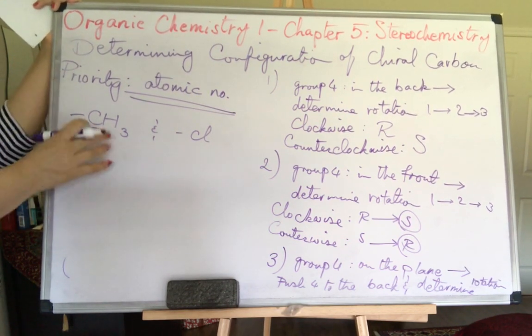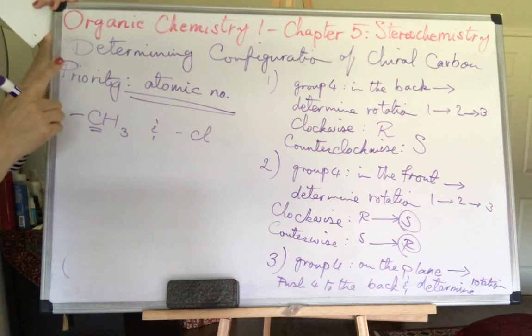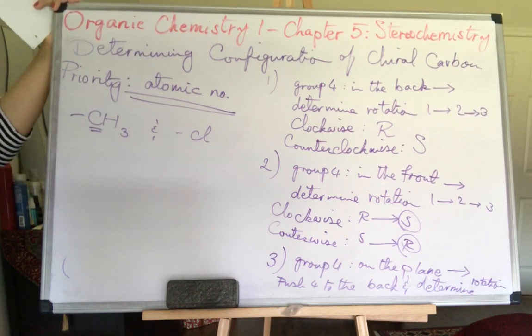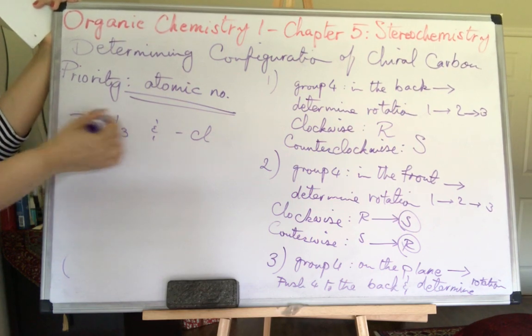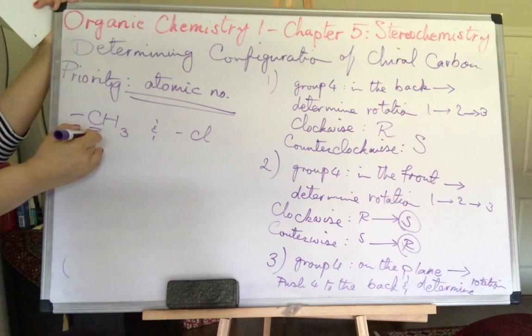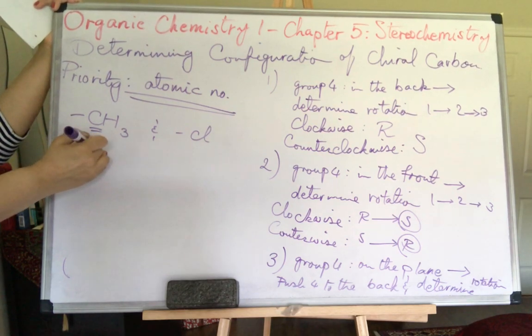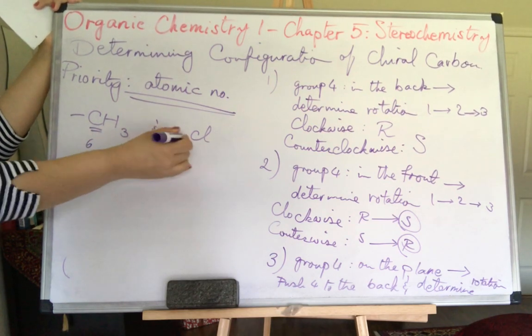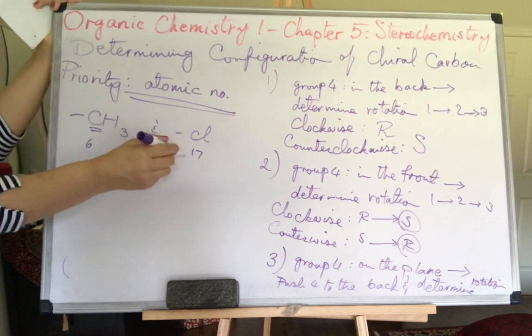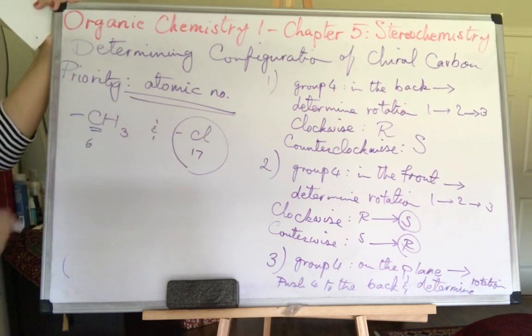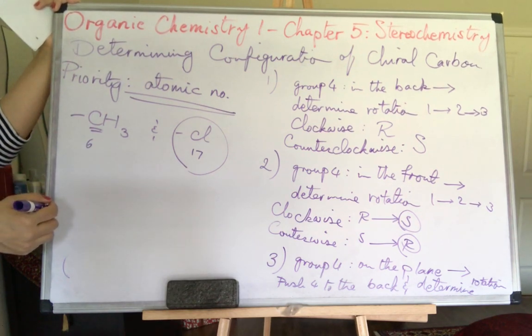Carbon, by the way, if you have CH3, we're just talking about the first element. Which element has higher atomic number? Carbon, number 6, or chlorine, number 17? Chlorine. So chlorine has higher priority.